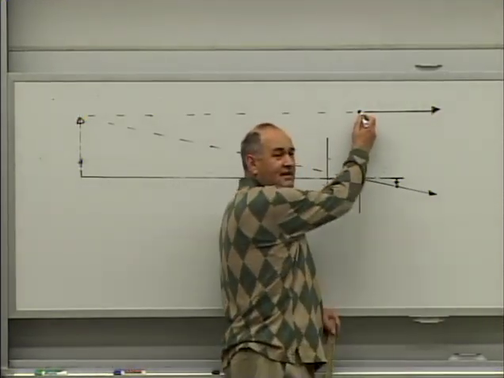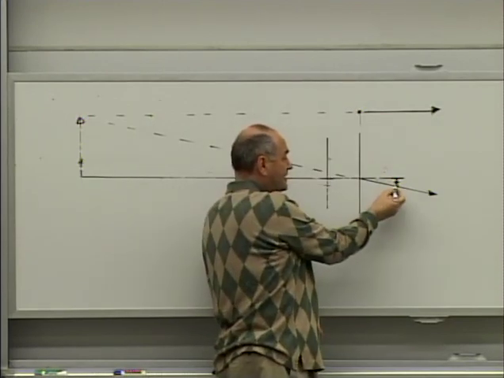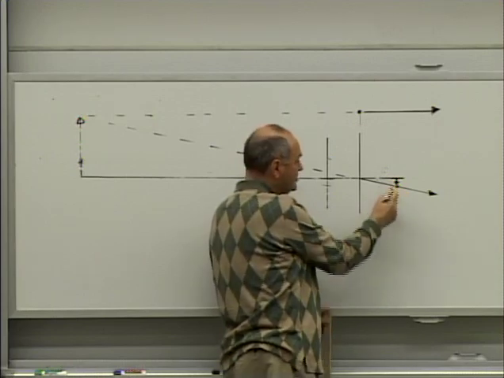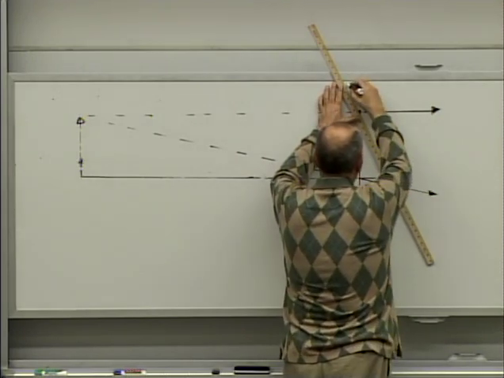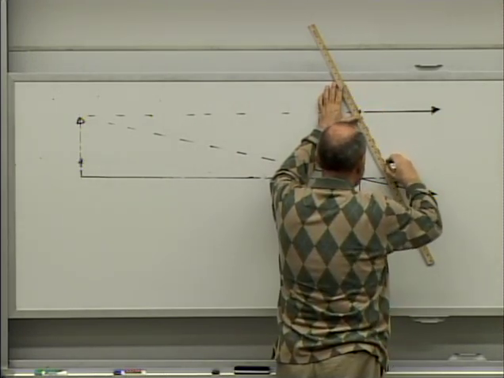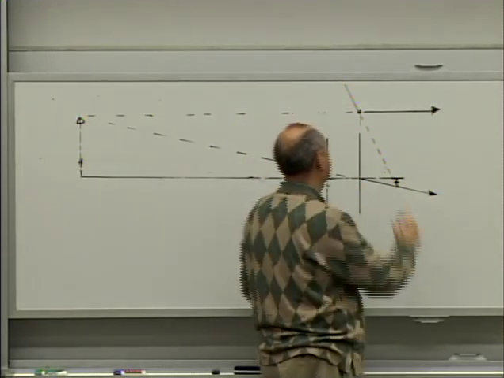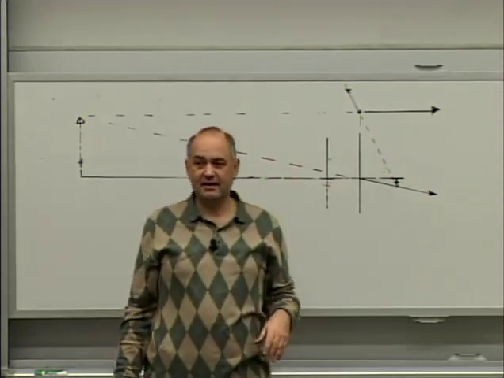So the object focal ray is supposed to pass through this point, or its extension. It has to hit the lens at this location, coming out from that side, and either the ray or its extension has to pass the object, which means that the object focal ray looks like this. This is the object focal ray.